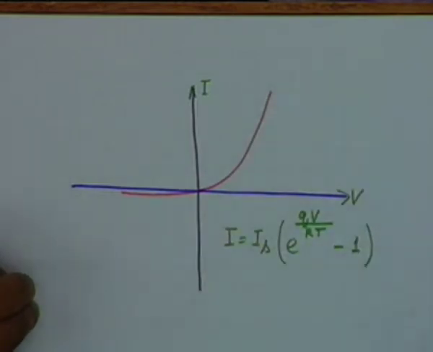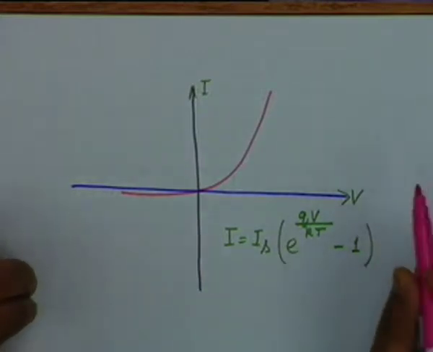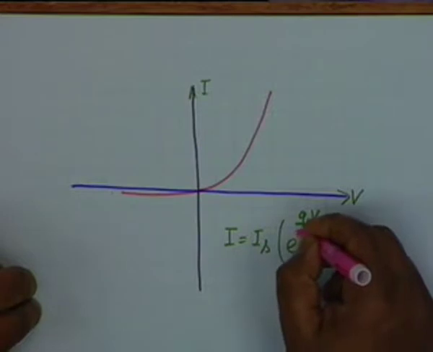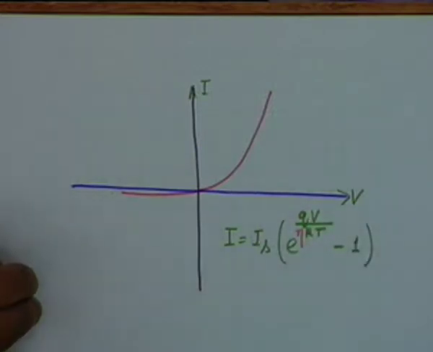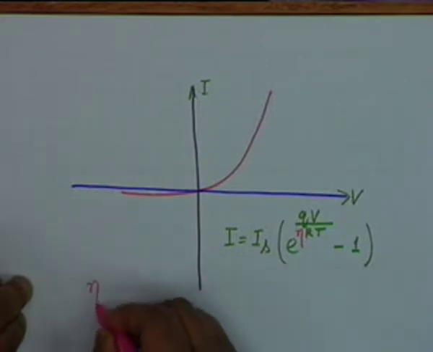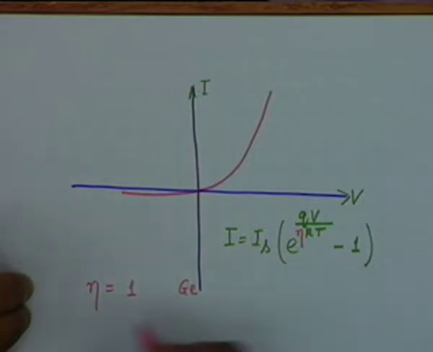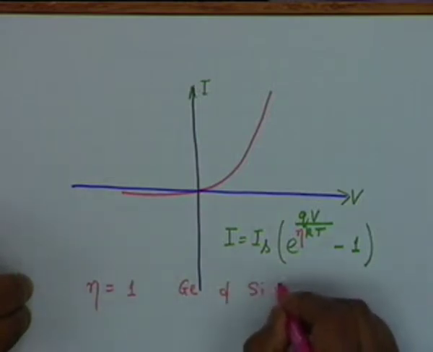Now it is found that depending on the material, whether it is germanium or silicon, and depending on the current level that is conducted, it is safe to put a factor eta here in the denominator, where the value of eta is equal to 1 for germanium diodes and for silicon at high currents.